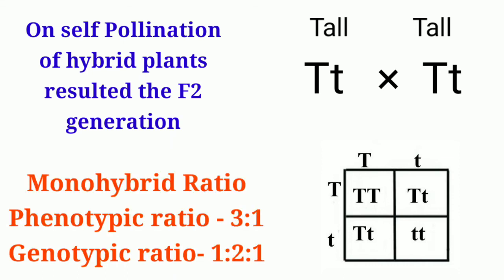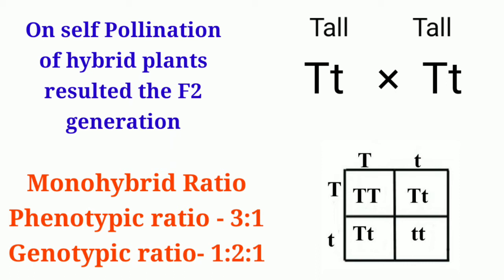If the male gamete possesses capital T for tallness and the female gamete also possesses capital T for tallness, and when these two gametes fuse to form the zygote, it will result in capital T capital T in the resultant individual. Similarly, if the male gamete possesses capital T and the female gamete small t, then the resultant zygote or individual will bear capital T small t, which is heterozygous.